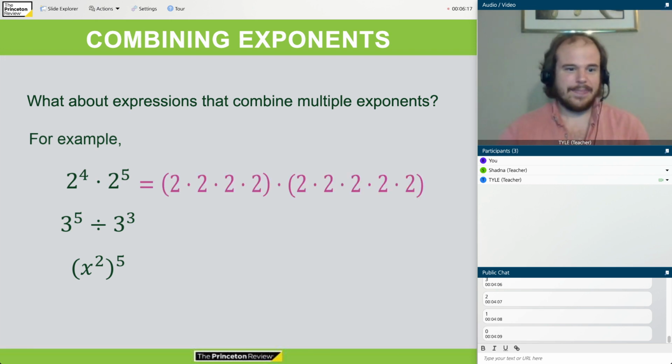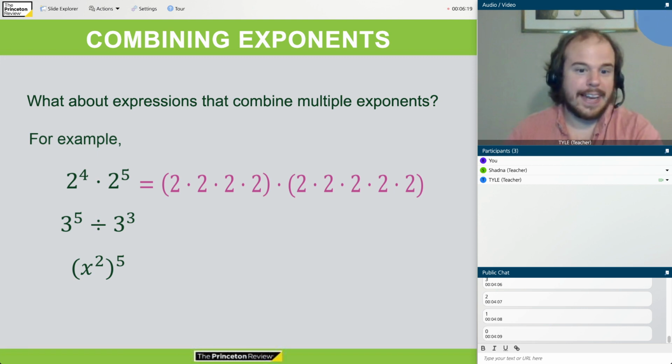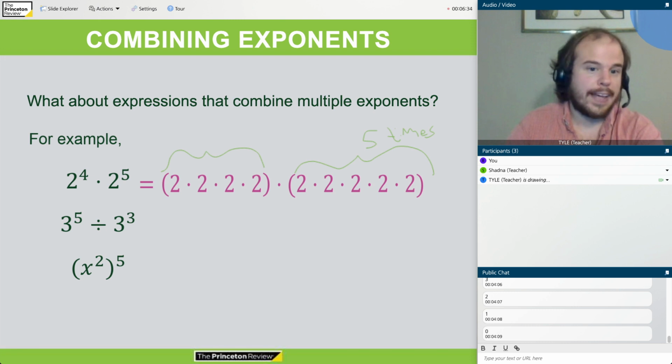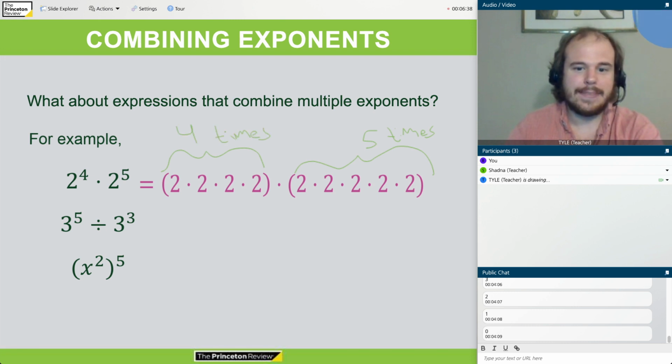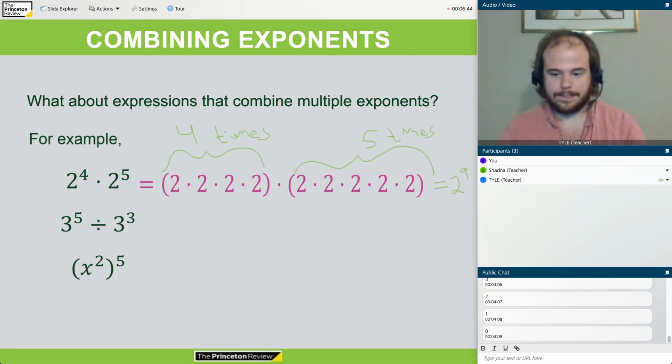Well, we know that 2 to the 4th can be written as 2 times 2 times 2 times 2, 4 times. 2 to the 5th is 2 times 2 times 2 times 2 times 2, 5 times. So altogether, if we're multiplying first 4 times and then another 5 times, that is a total of 9 times, or we could write that as 2 to the 9th.